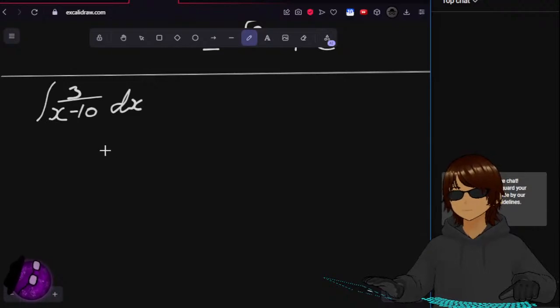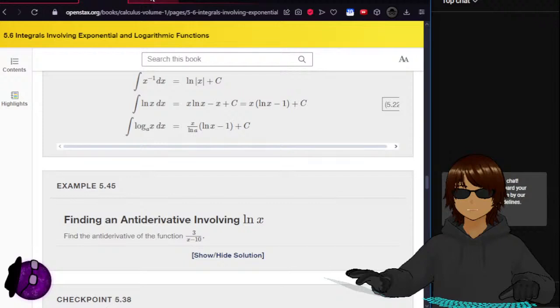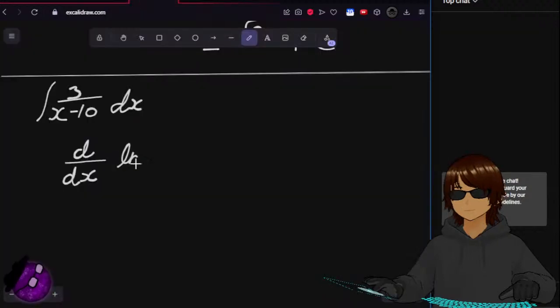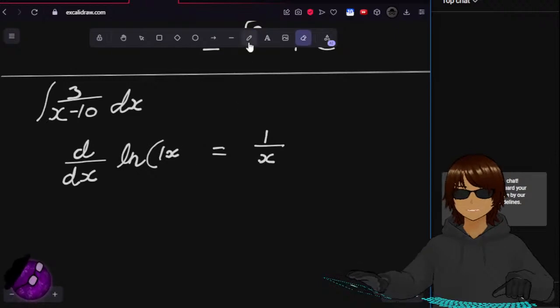Let's see. The derivative of this is 1 over x. Or what if I do the derivative of x minus 10?